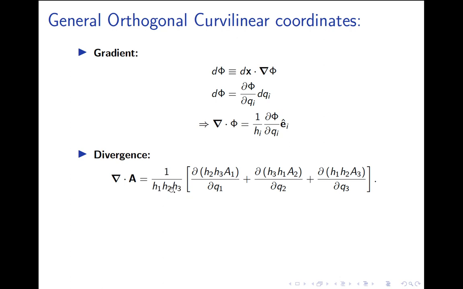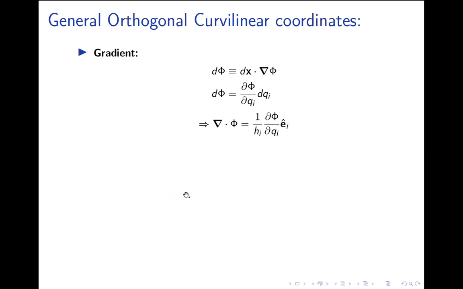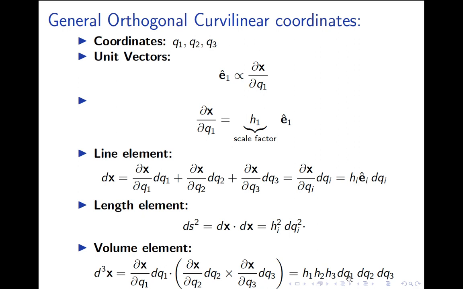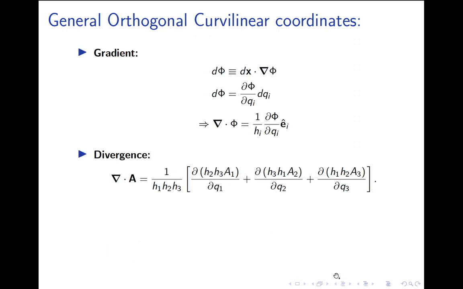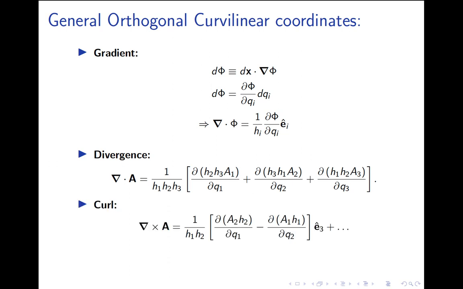When you divide by the volume, you get 1 over h1 h2 h3, because these are the edges of the cuboid. And then there is a pattern: 2, 3, 1, 3, 1, 2, and 1, 2, 3. Perhaps this is easier to remember in the general case. The general case is easier to remember than the special cases, which are spherical and cylindrical polar coordinates.